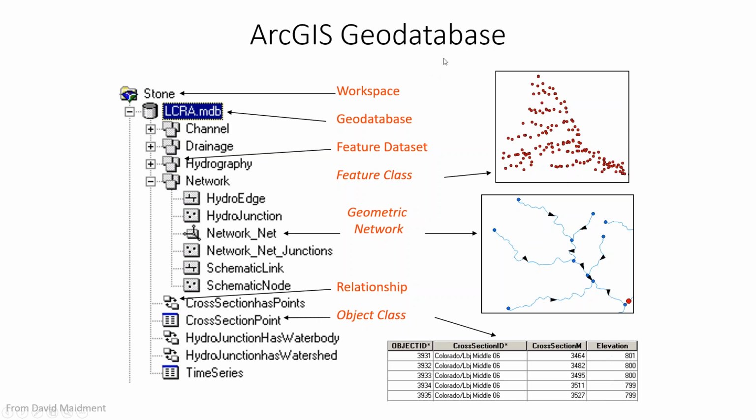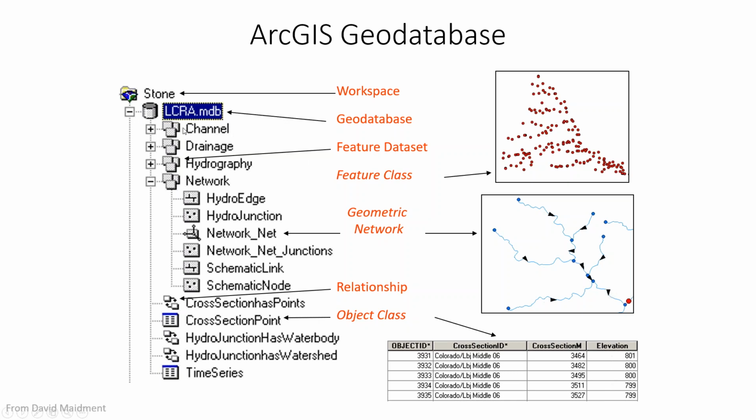So a geodatabase lives within a workspace that's typically a folder or directory on your computer. A geodatabase can be in any one of a number of file formats. This MDB is a Microsoft Access database, more commonly a file geodatabase that goes with the acronym GDB.